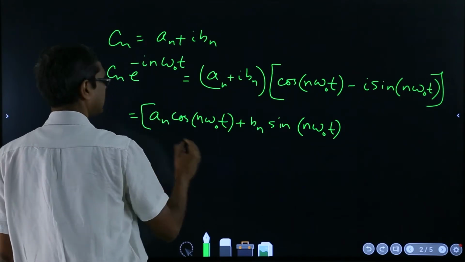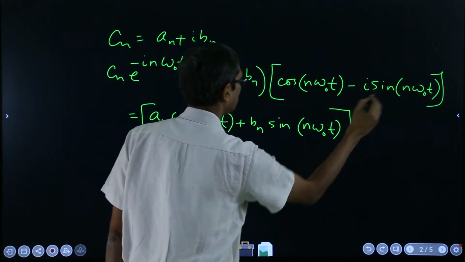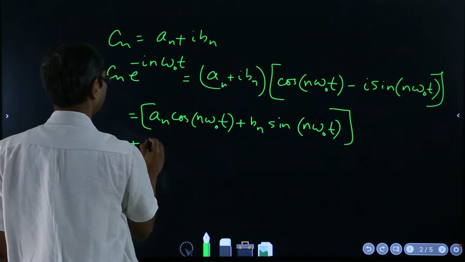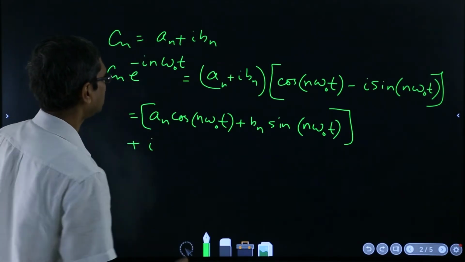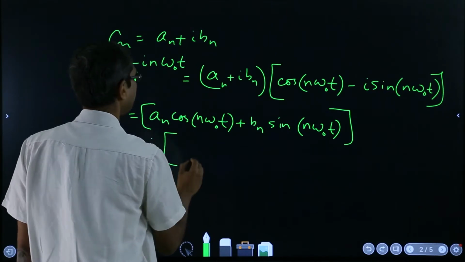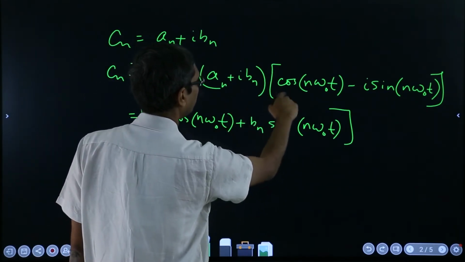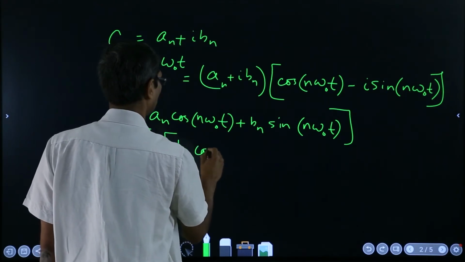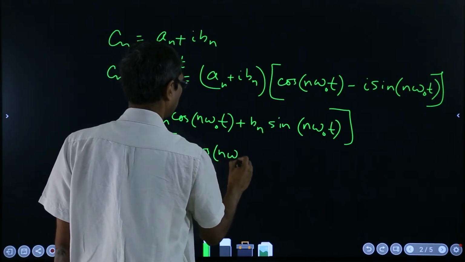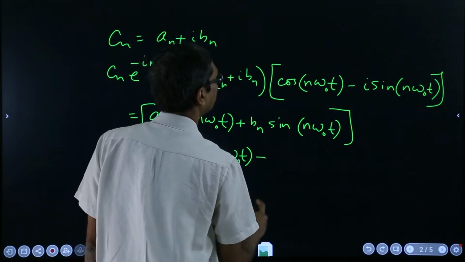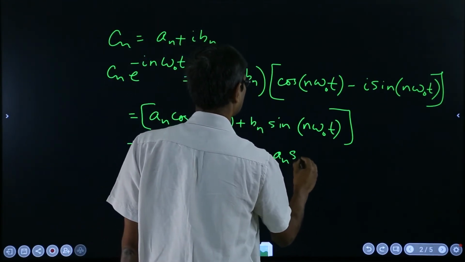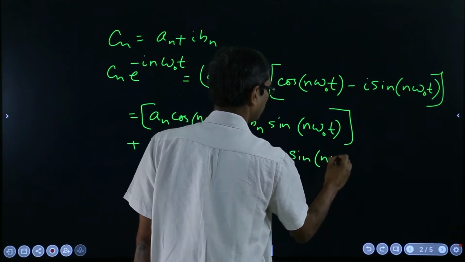So, this is the real part which you will get, and for the complex part I will get plus i times Bn cosine of n omega naught t minus An sine of n omega naught t.